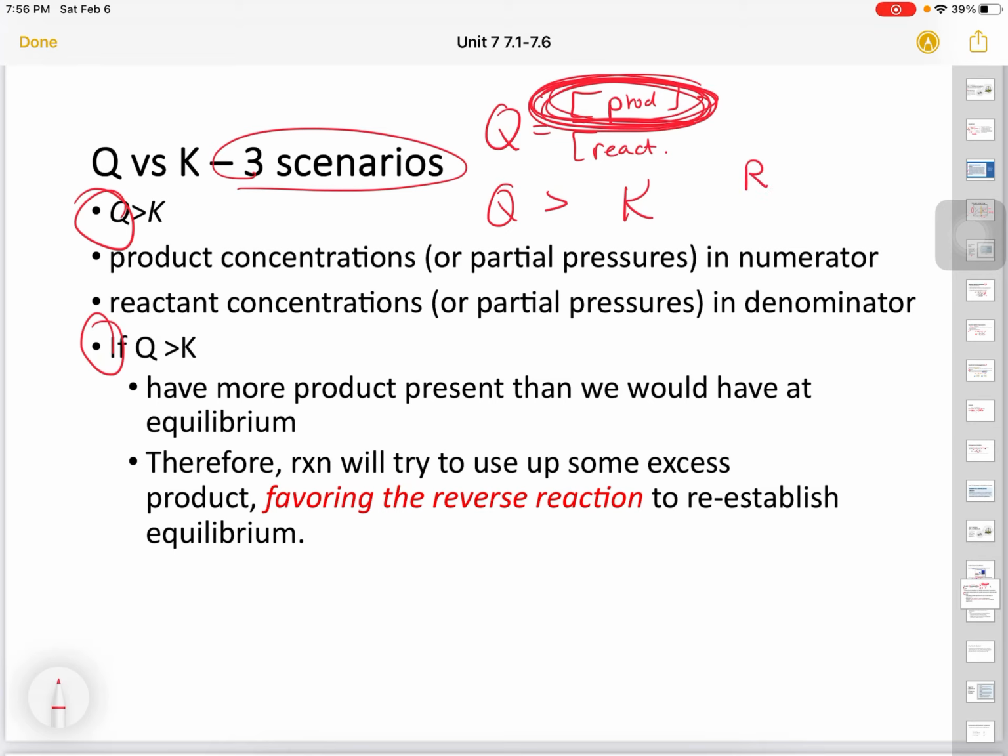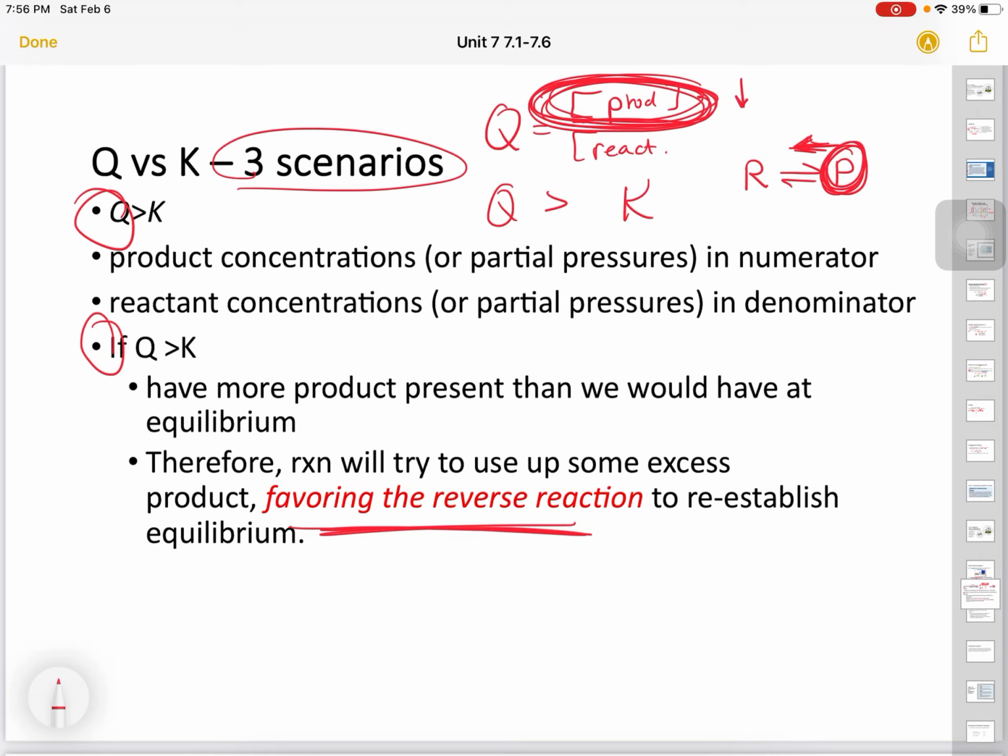So if I think about my reaction as being reactants converting to products, and I have more products than I would at equilibrium, that would mean that my reverse reaction would be favored in order to get my system to establish equilibrium.